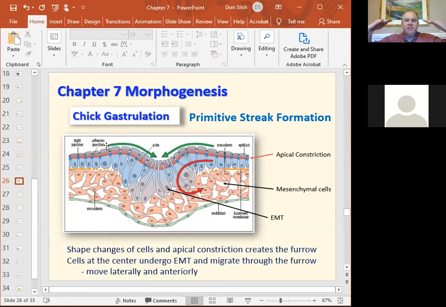So you've got some tension on the top that's pulling things together. And at the same time, you've got cells coming forward like this. When those cells hit the middle, they undergo the EMT transition. So they're going from epithelial cells into mesenchymal cells.